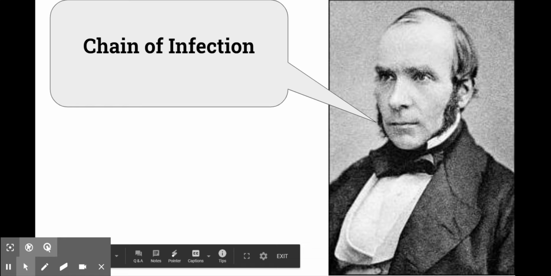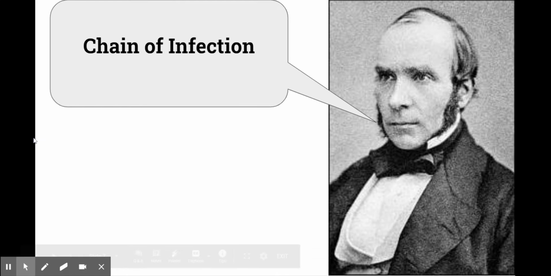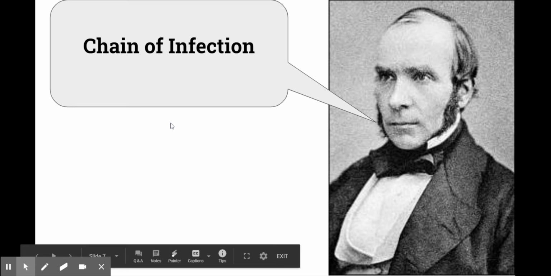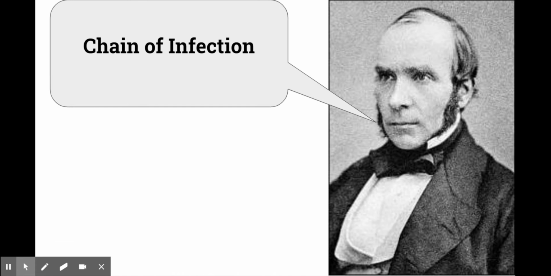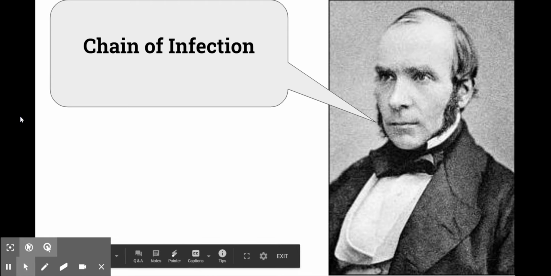So Jon Snow wants to know, what is all this chain of infection business I've been hearing about? Basically, Jon Snow, the chain of infection describes the ways or the mechanisms in which those agents infect the host.